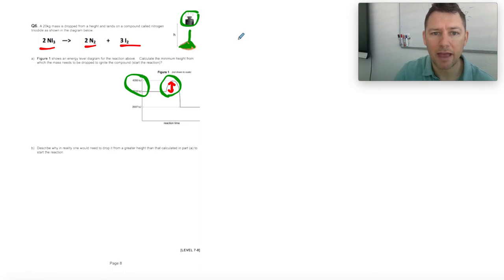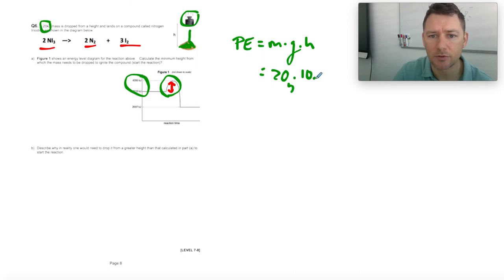Well, the mass can only give off energy because it has potential energy, right? So that's mass times gravity times height. We know the mass is 20 kilograms, so 20 kilograms times 10 meters per second squared. And the height is what we don't know.